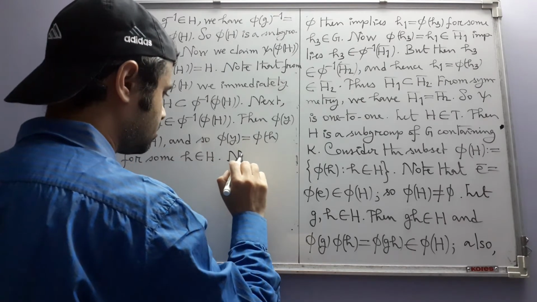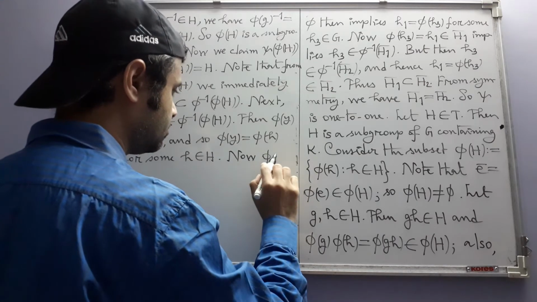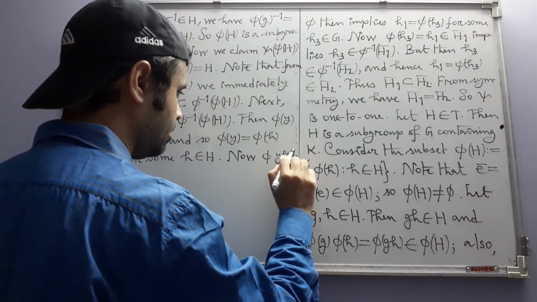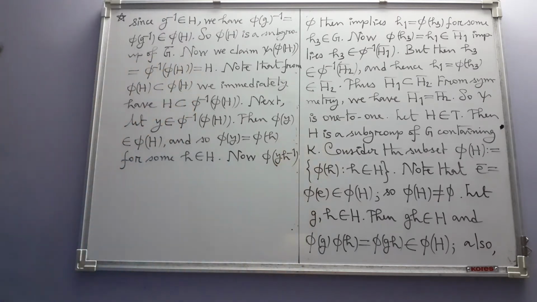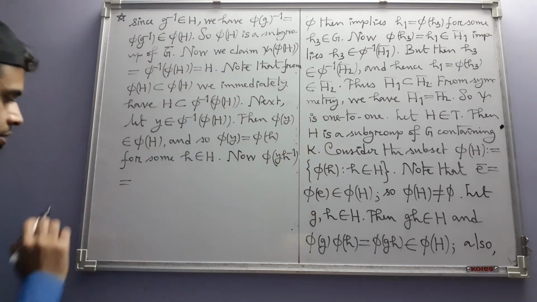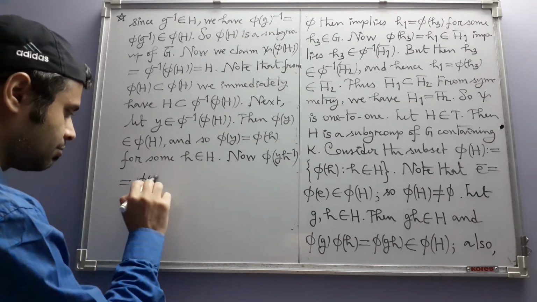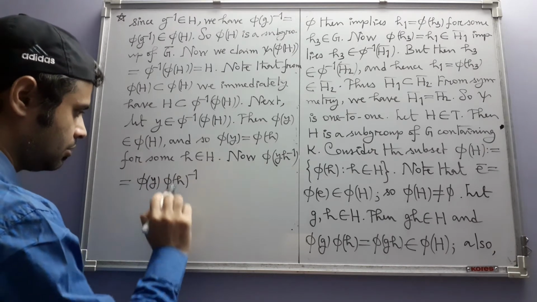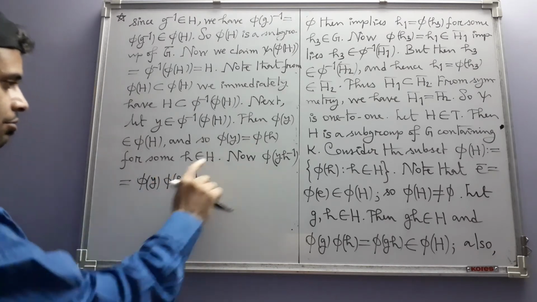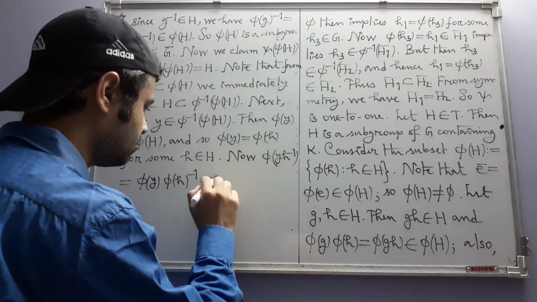Now what happens to phi of y h inverse, say? Since phi is a homomorphism, we can write phi of y, phi of h inverse. But now we use the fact that phi of y is nothing but phi of h.